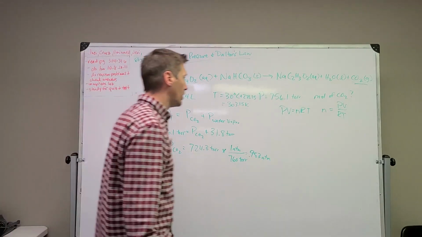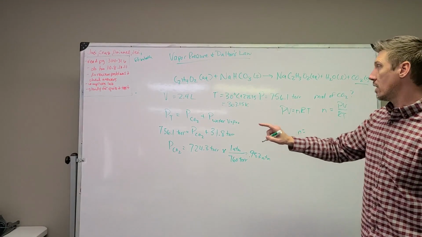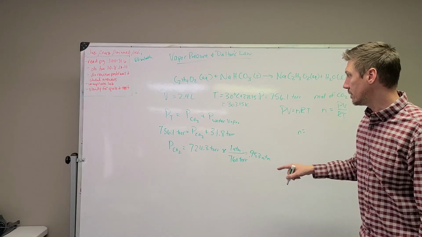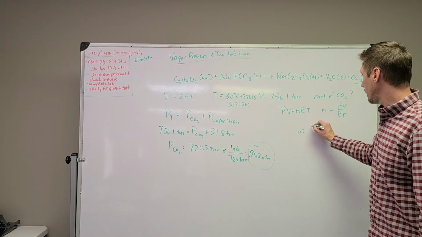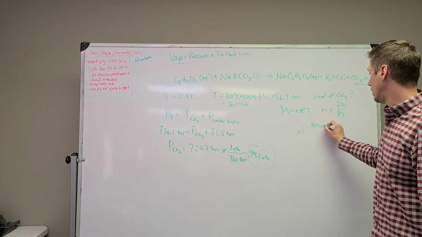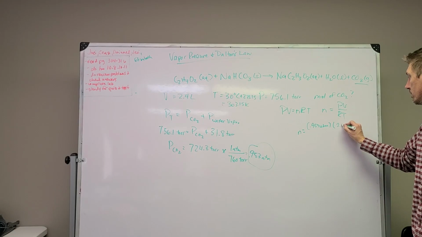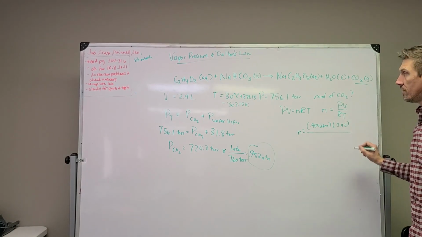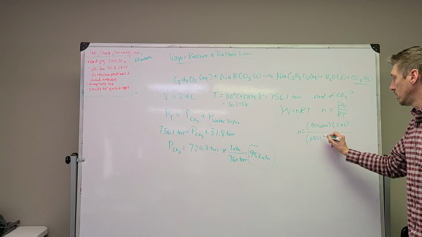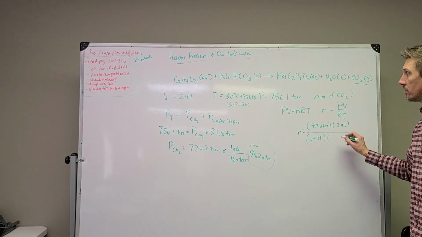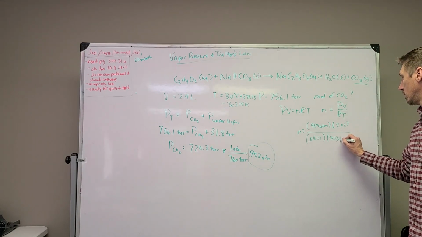All right, so now it's just a matter of plugging in those values. n equals P, our partial pressure that we just figured out in ATMs, 0.953 ATM, times volume, which is 2.4 liters, divided by R, which is 0.0821, times temperature, which is 303 Kelvin.